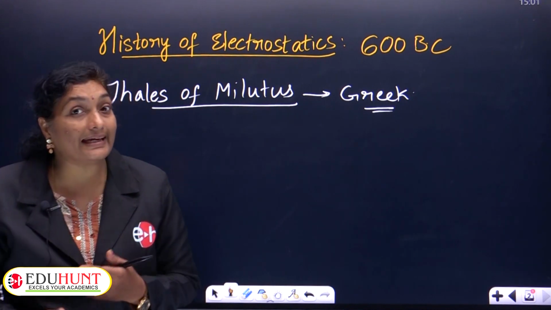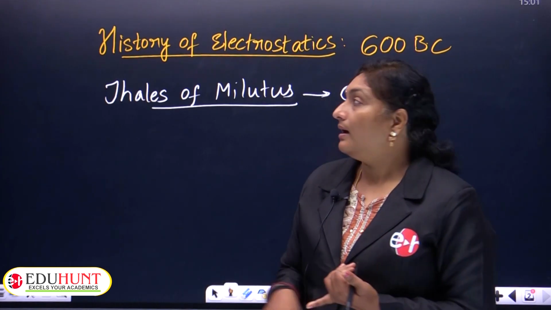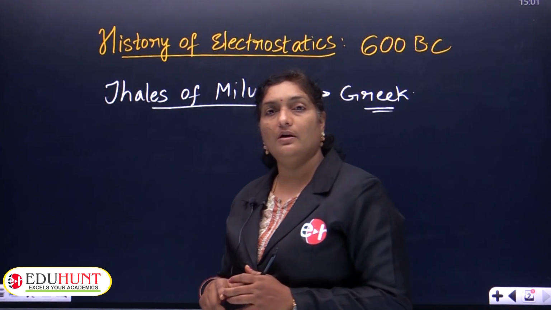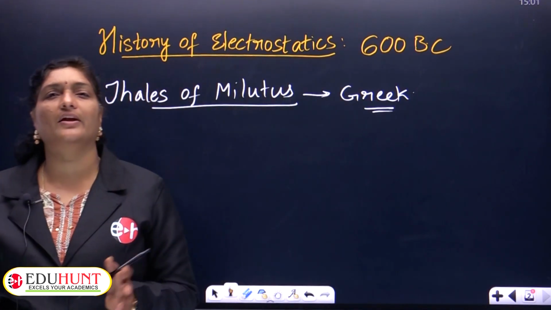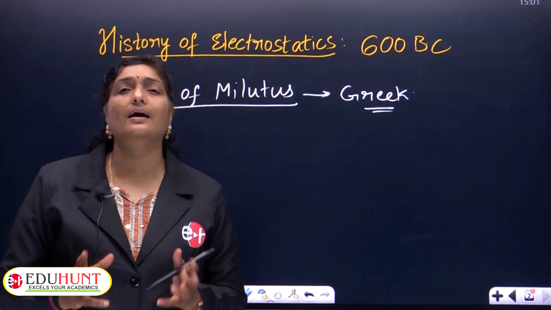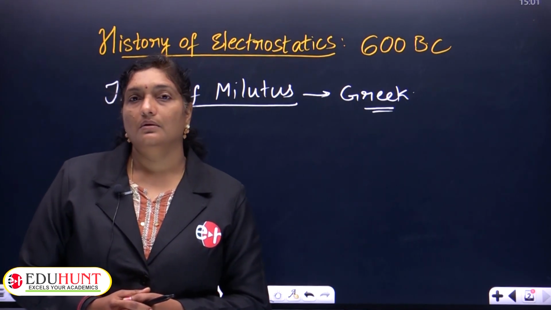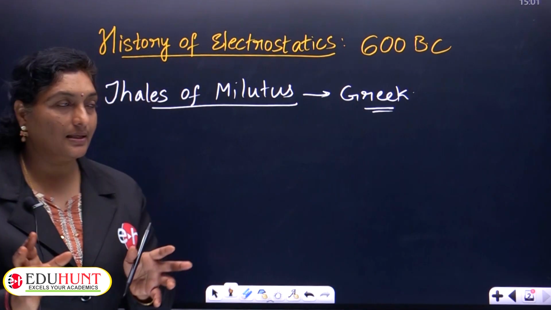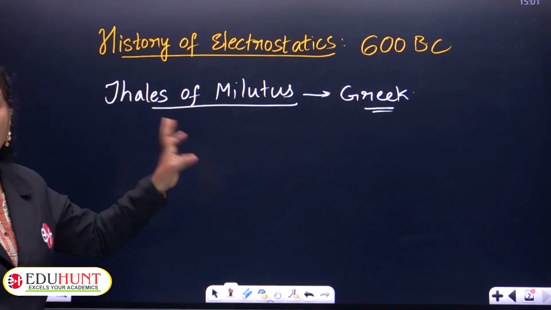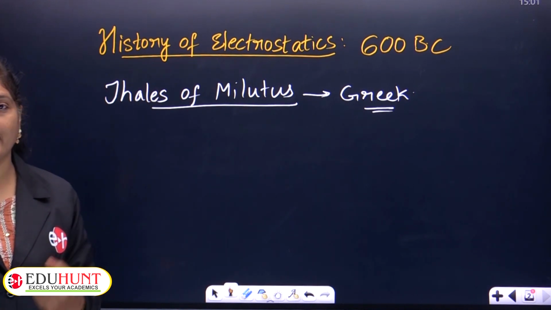But later experiments observed that the same conditions are also observed when they checked with different materials. Almost all materials exhibited similar types of properties. So, this history began by rubbing an amber with a wool or cloth when it attracted light pieces.